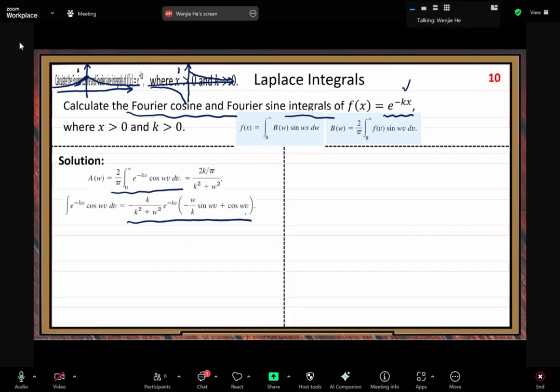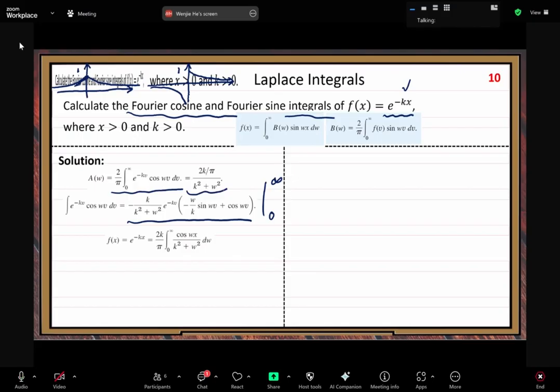Remember, with integration by parts, you need to evaluate from 0 to infinity, right? So then you get that. After that, you can write.